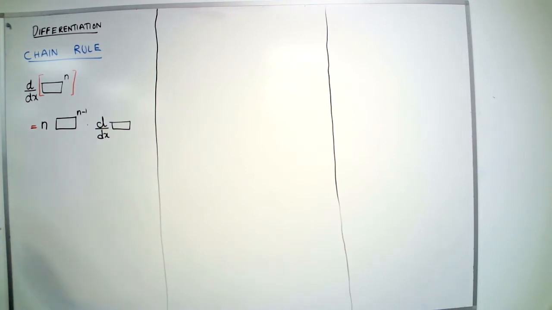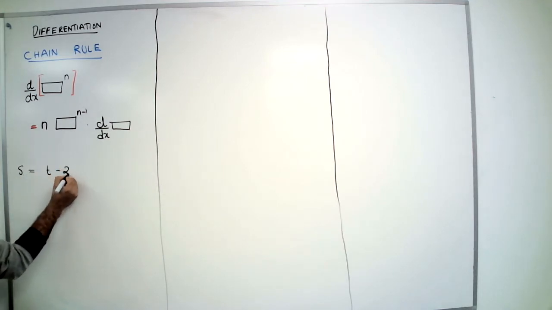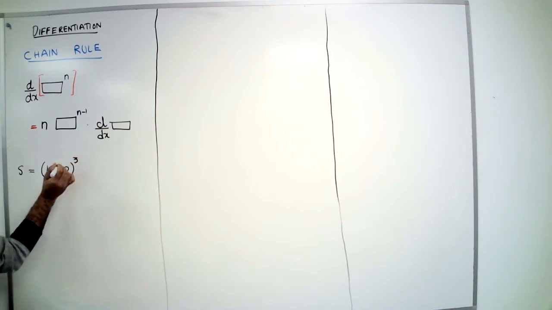The example of this rule. For example, let's say I've got s equals t minus 2 to the power of, let's say, power 3. Just for the sake of it.